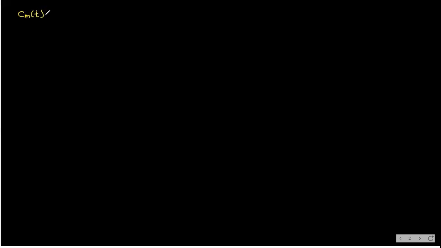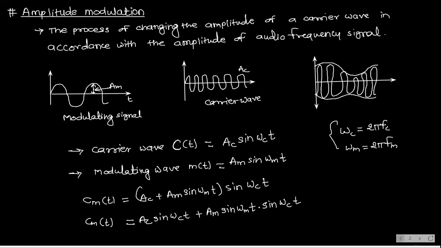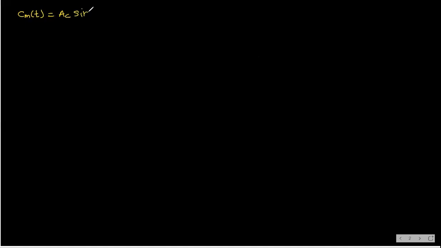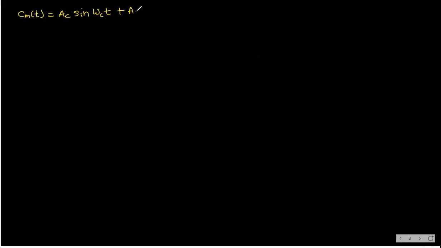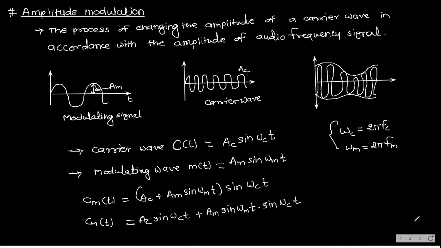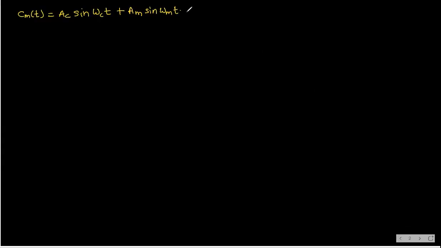So Cm of t is equal to AC sine omega c t plus AM sine omega m t into sine omega c t. Okay.